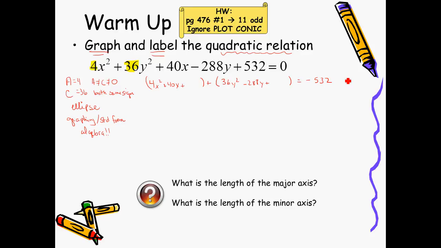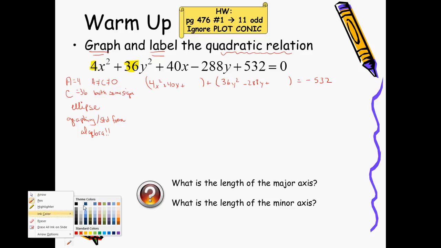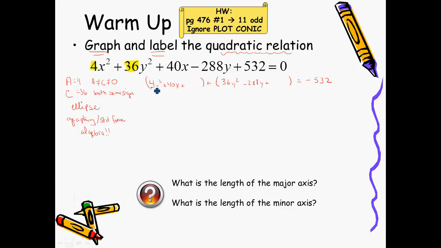And then I'm going to do what? Factor. You're going to factor out the coefficient of the x squared and the coefficient of the y squared, and you should expect integers when you do this. We are just starting. You will always have these nice numbers.